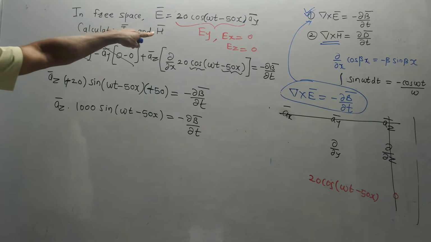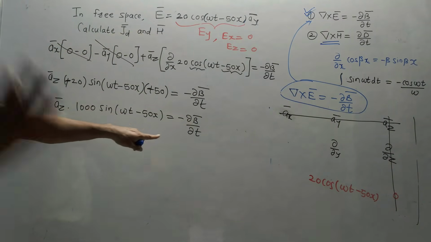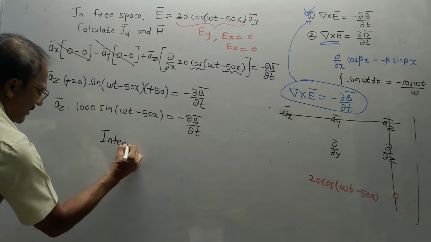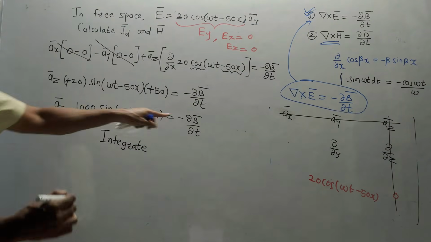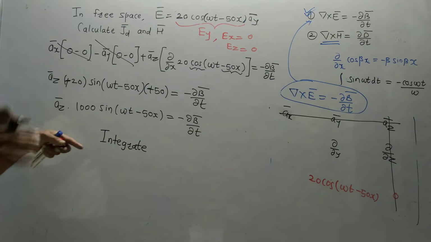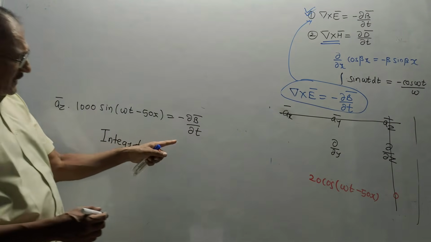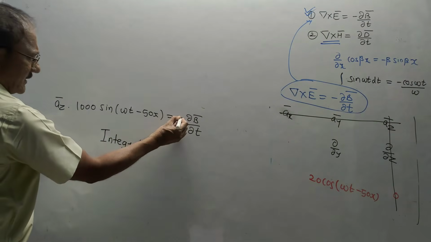But what is asked? It is asked to calculate H bar. First we will calculate B bar. Like the previous sum, I need to integrate this equation. So we'll perform the integration, and just for simplicity I will write this term at the LHS and transfer this minus sign.